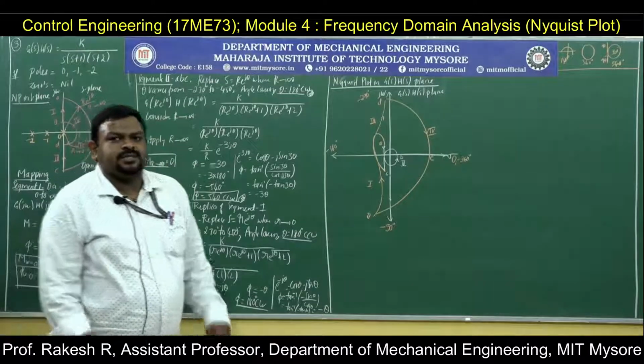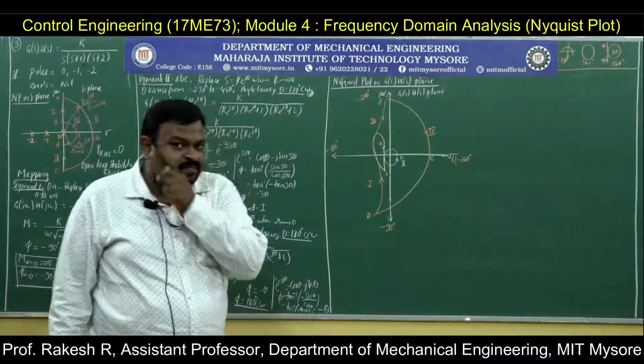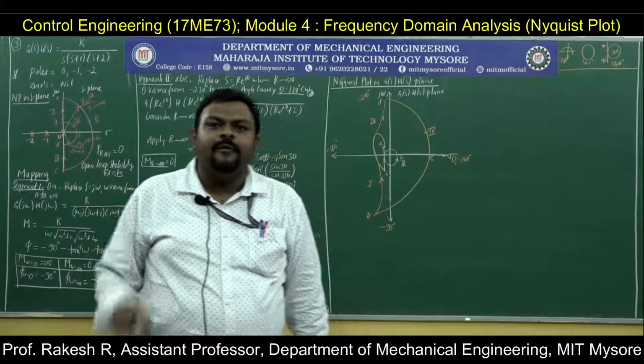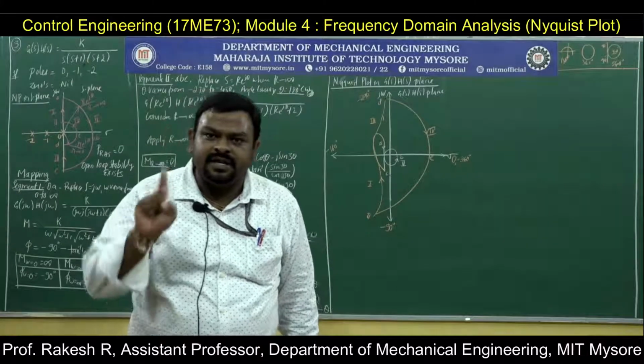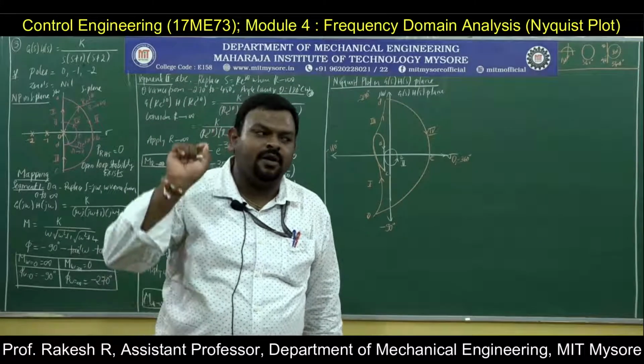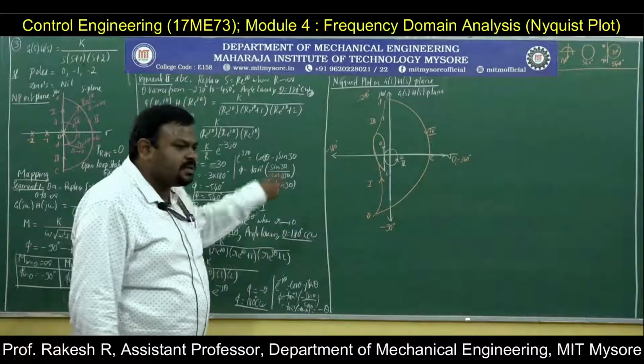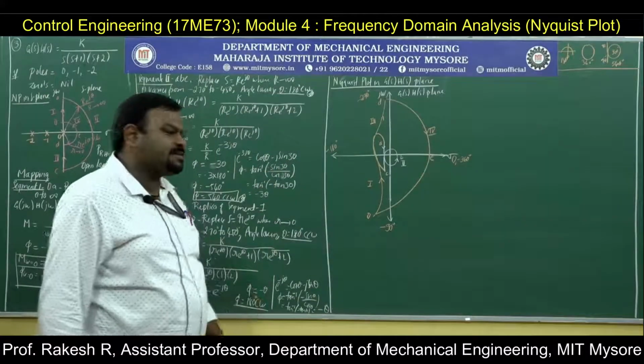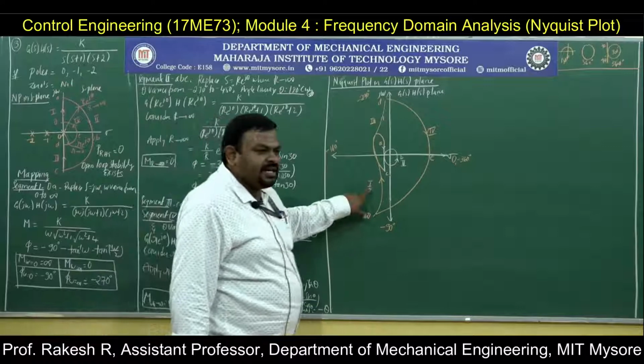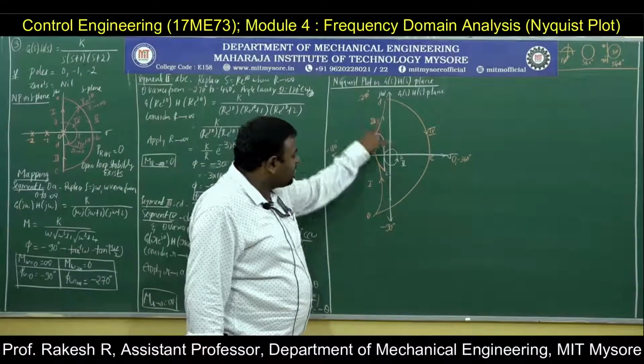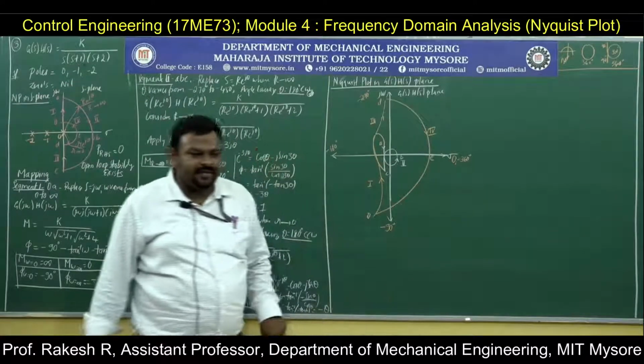After plotting this, first you have to find out whether the plot is crossing negative real axis or not. Is it crossing negative real axis? Yes. The first segment is crossing negative real axis and third segment is crossing negative real axis.